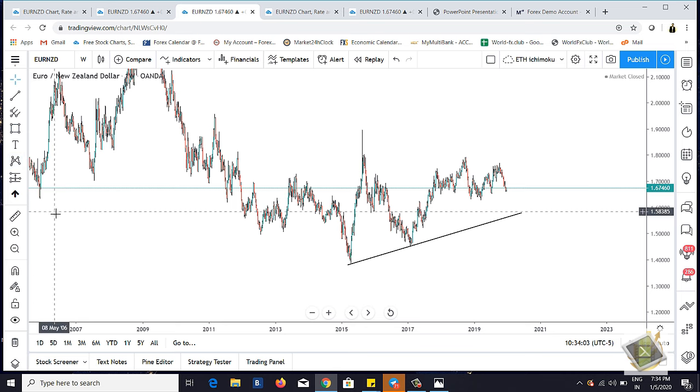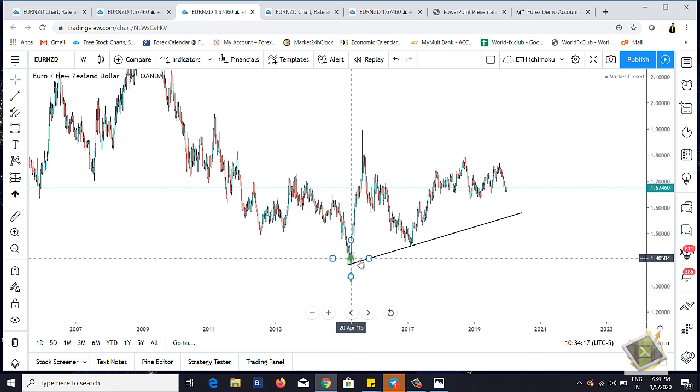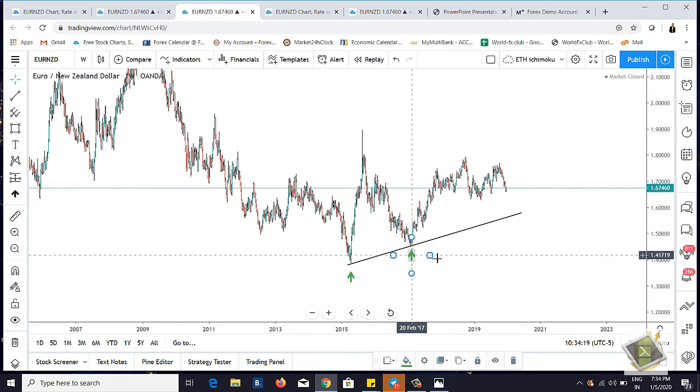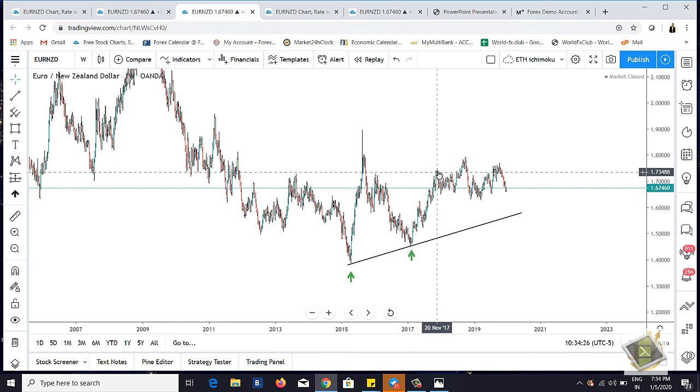If I try to mark a few things here: this is the lowest point, then price did not go lower, so this is a higher low. And this is a higher high.